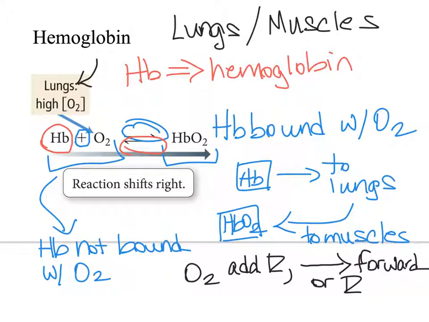So all of the red blood cells that are carrying hemoglobin from the muscles back to the lungs, at that point you have the Hb alone, oxygen concentration is high, the hemoglobin binds oxygen, and is now ready to go back from the lungs to the muscles and carry that oxygen with it.